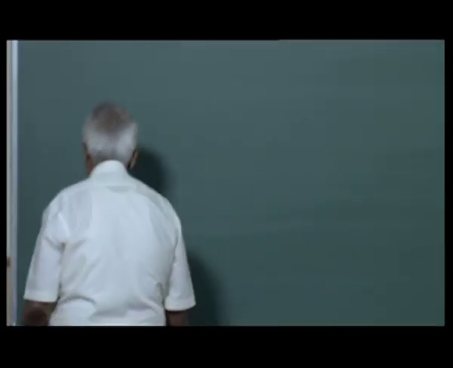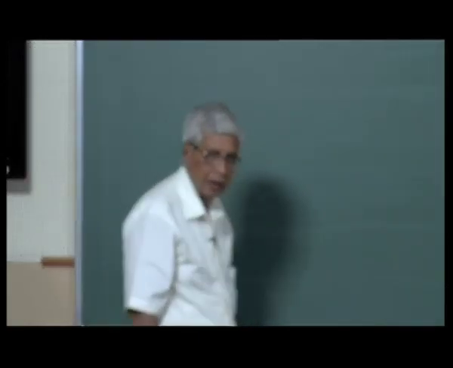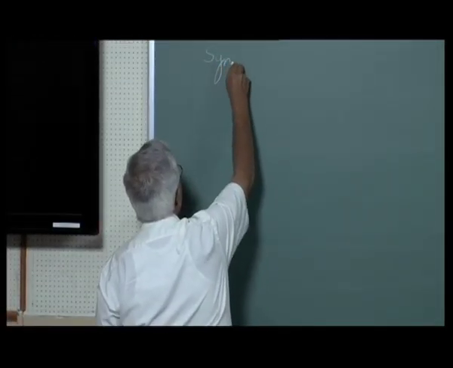In synchronous counter also we can have an up counter and down counter. What we saw in the last lecture was an up counter. So, how does a down counter look? Synchronous down counter.